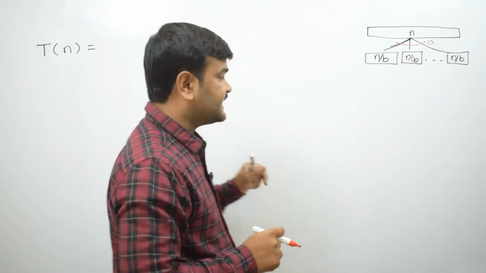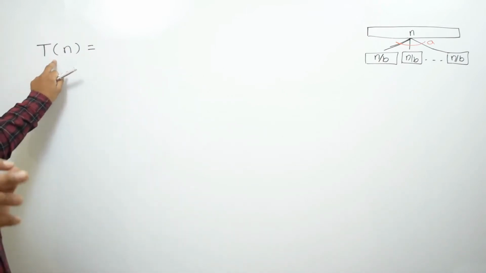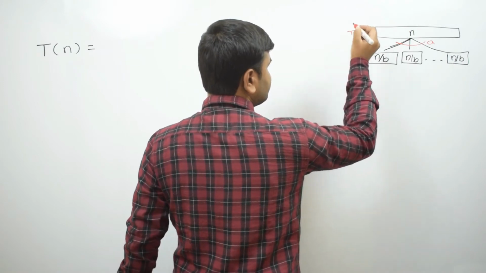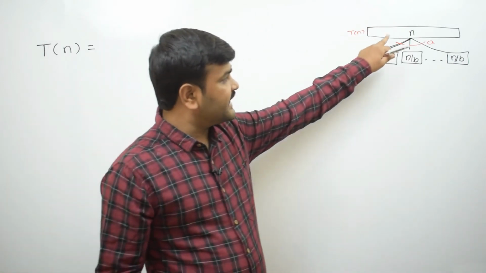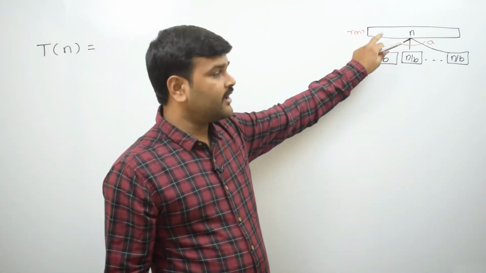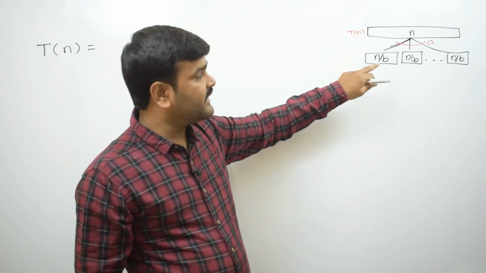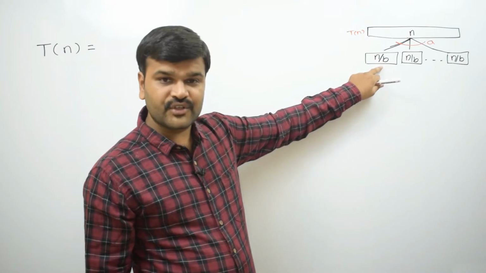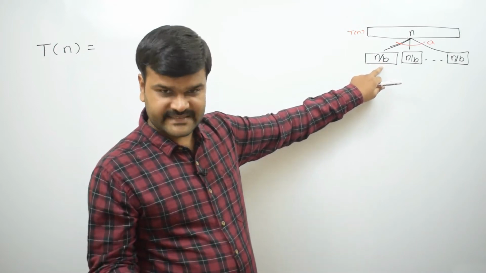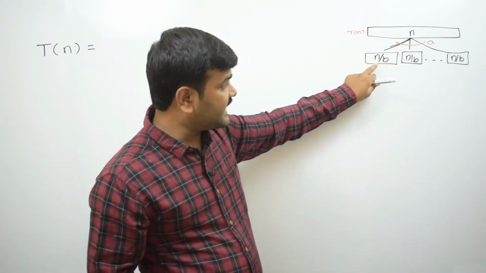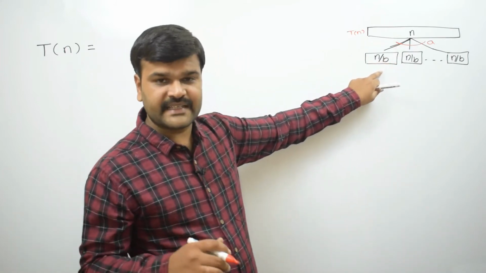Here we are asking, what is the meaning of T of n? The time complexity for this problem. Whenever you have an n size input, we represent the time complexity as T of n, right? Now whenever you have an n by b input, what is the time complexity? The input size here is n by b, that is the input again.